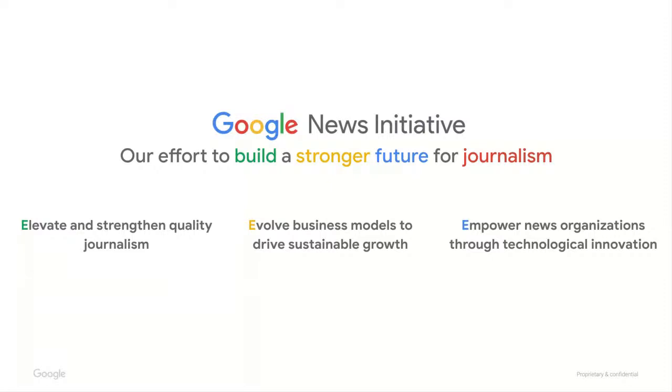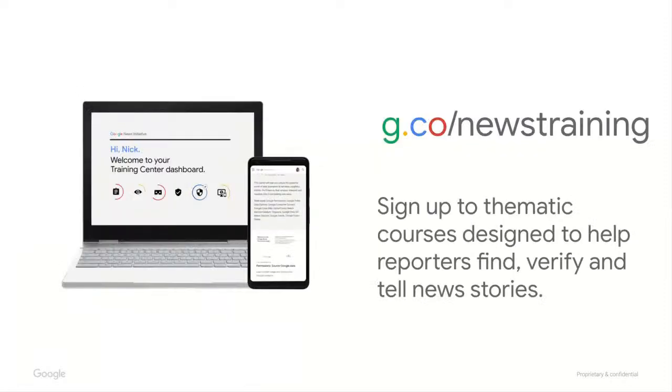And then we also have the second approach, which is a Google News Innovation Challenge, which is basically funding news organizations and individuals who create solutions for better storytelling online. So these are the 3 pillars of the Google News Initiative. And our main focus with the trainings is to elevate and strengthen quality journalism through training on some of the tools and techniques that we'll be looking at today.